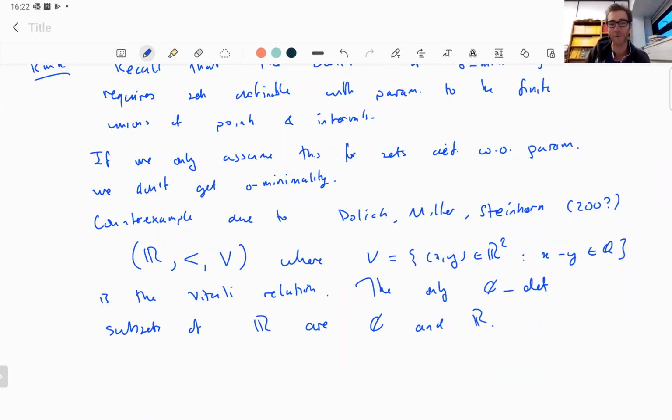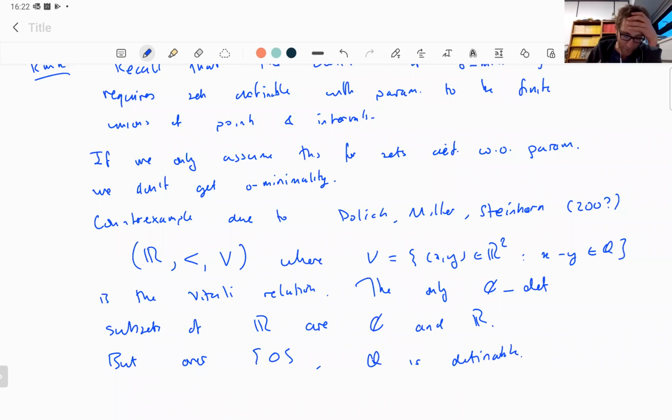But as soon as you name a parameter for zero, you can define the rationals. Over zero, Q is definable. So it's not O-minimal. So thanks to Chris for pointing that out.